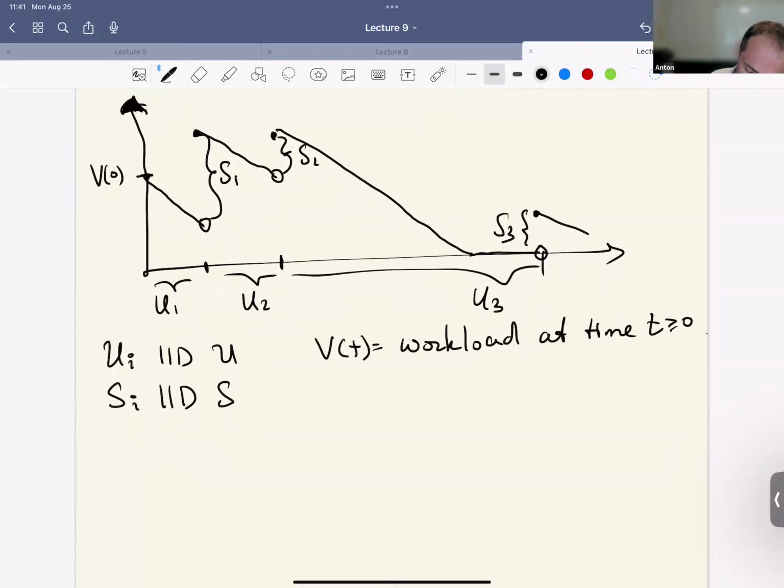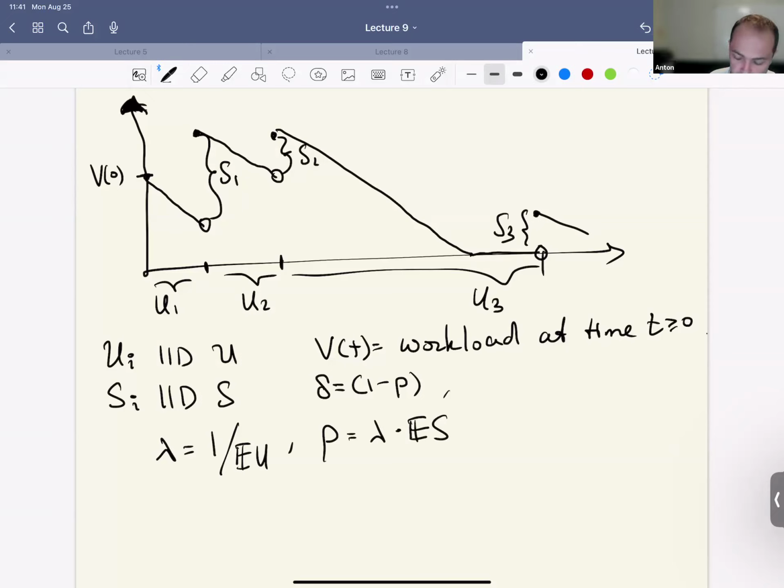And I'm going to let delta, the scaling constant, be 1 minus rho, where we have lambda, the arrival rate. So lambda is 1 over the expected inter-arrival time. Rho is lambda times the expected value of the service time duration.